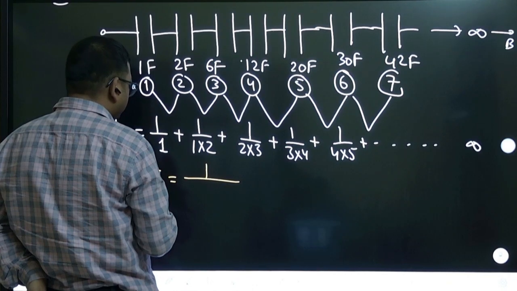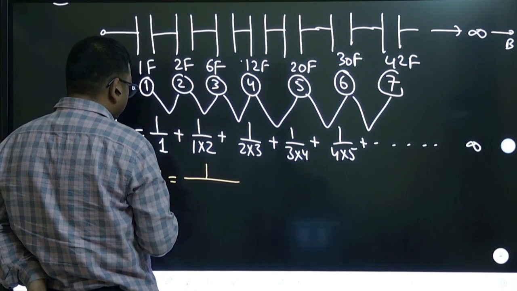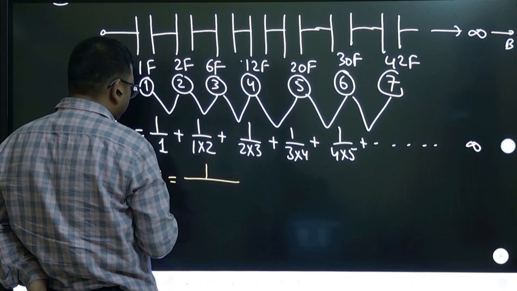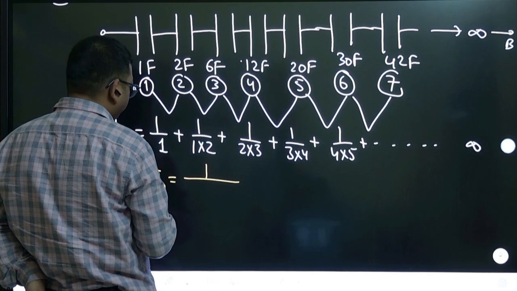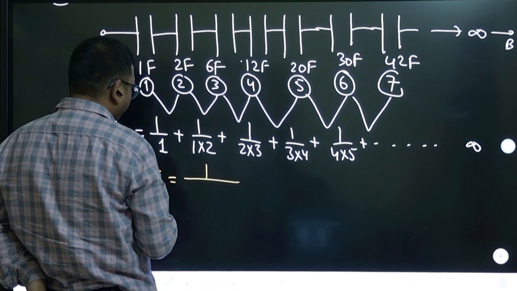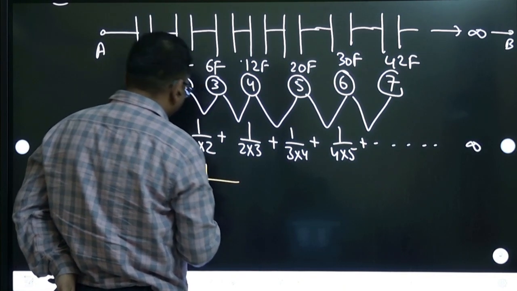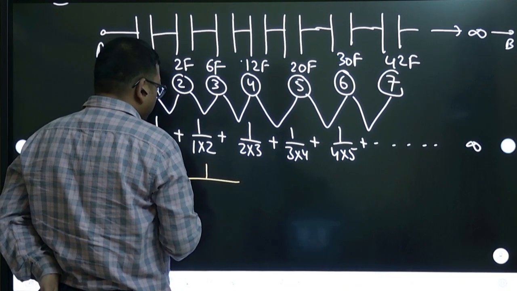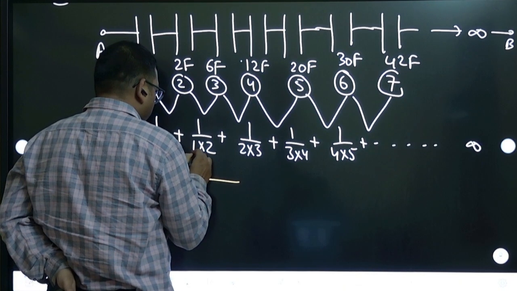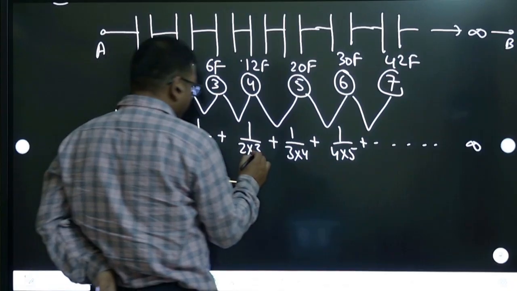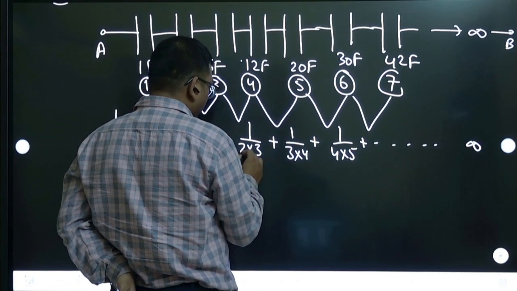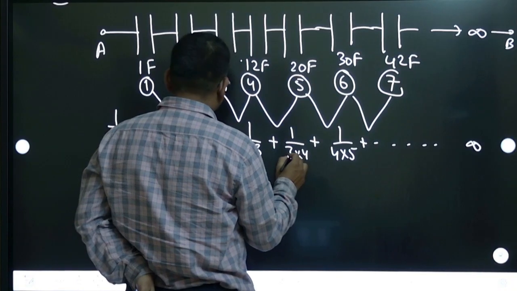What progression is it? Because if I take 2, then I have to multiply 2 and 2 minus 1. If I take 3, third term 3 and 2, fourth term 4 and 3, right?